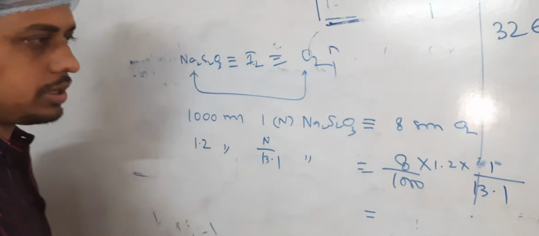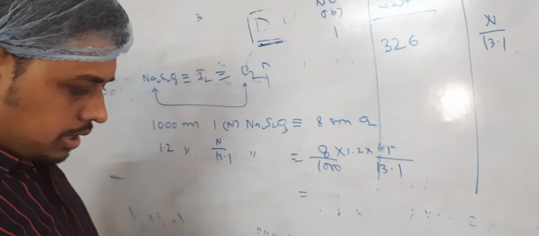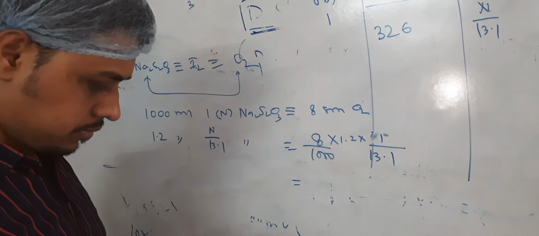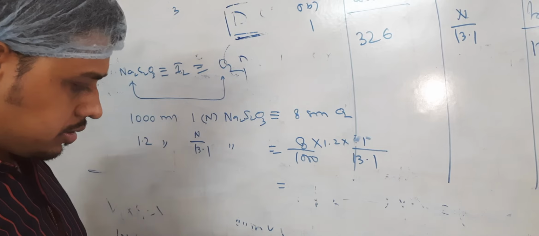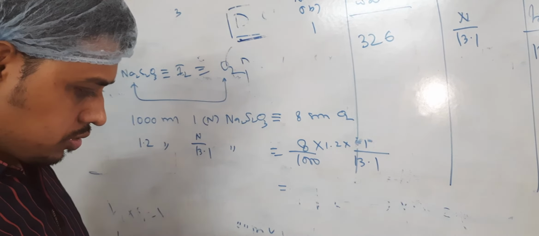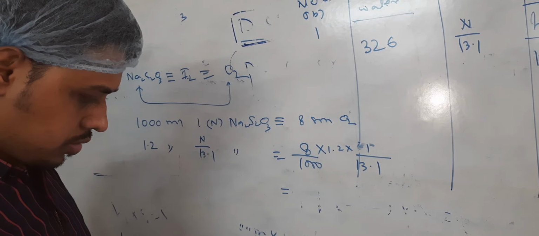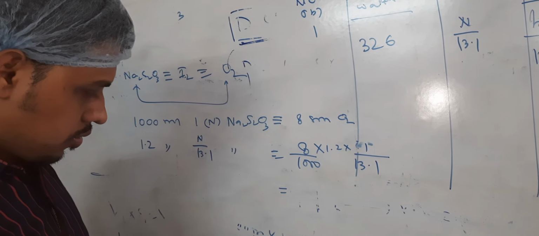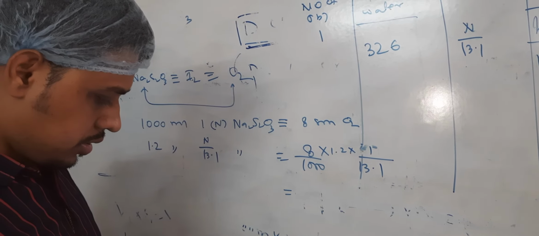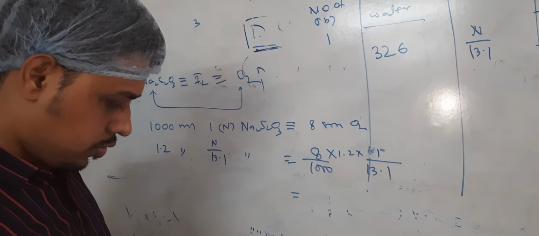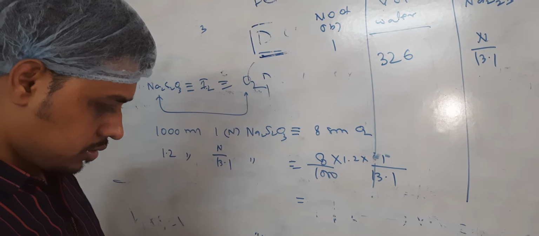Now we will calculate this. 8 multiplied by 1.2 equals 9.6, divided by 13.1, divided by 1000.